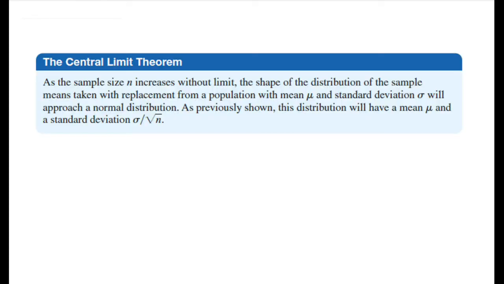So the central limit theorem: as the sample size n increases without limit, which means as n approaches infinity, that's what's called a limit, the shape of the distribution of sample means taken with replacement will approach a normal distribution. As previously shown, the distribution will have a mean of mu and a standard deviation, or standard error, in this case, of sigma divided by the square root of n.